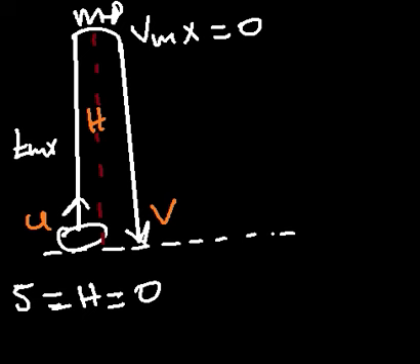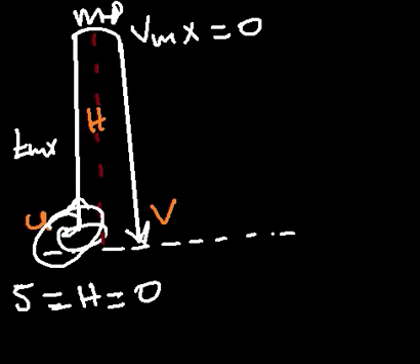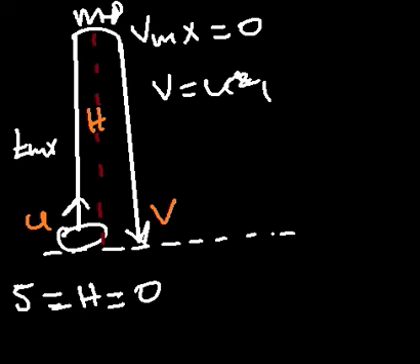So how can you get the final velocity for this case, from the ground back to the ground? What is the final velocity? We use this formula: v squared is equal to u squared plus 2as.